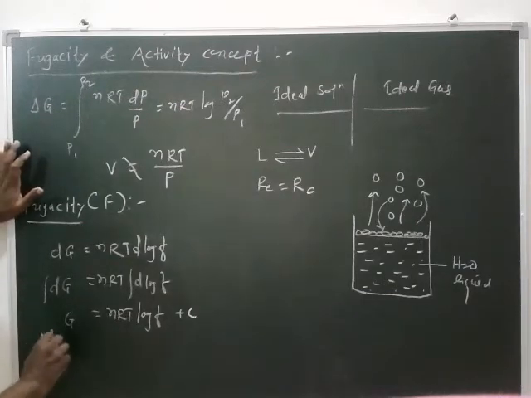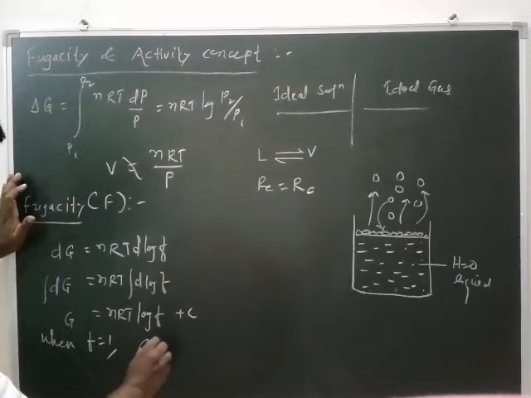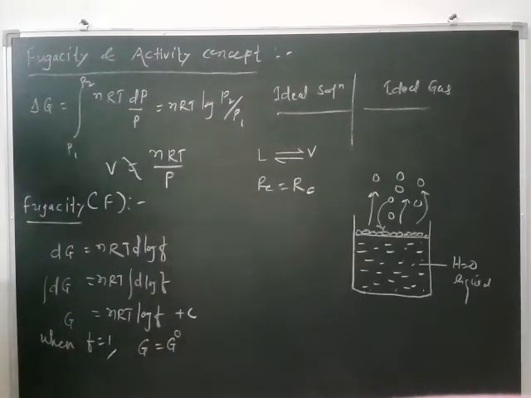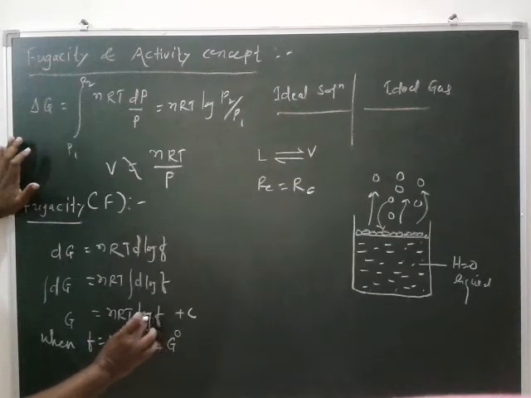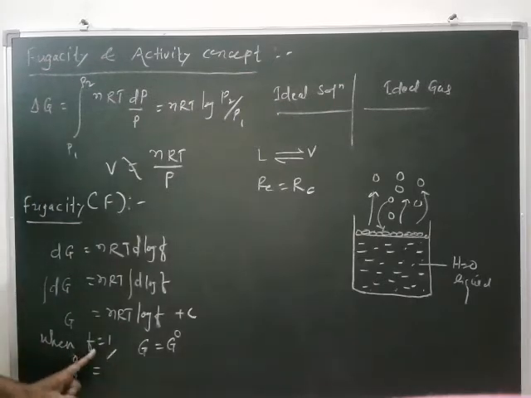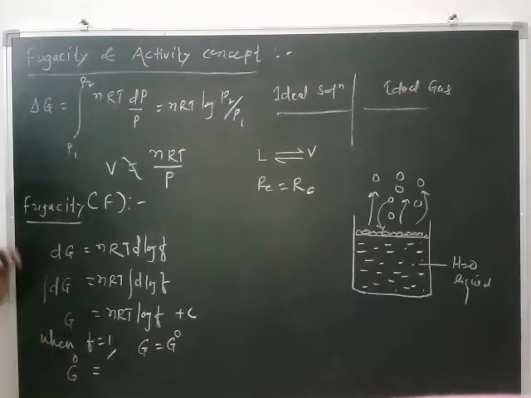When F is equal to 1, that is, the fugacity of the substance is 1, the substance is in the standard state, and at that time the free energy is equal to the standard free energy, G0. Substituting F equal to 1, log 1 is 0, and 0 multiplied by nRT is 0.